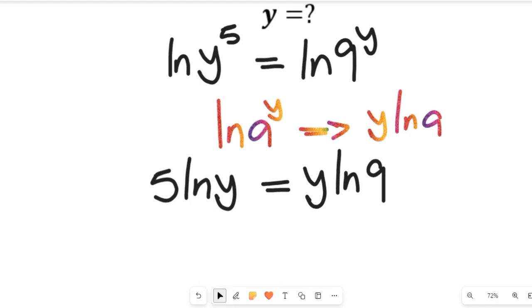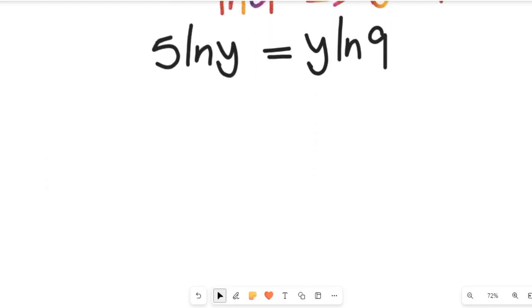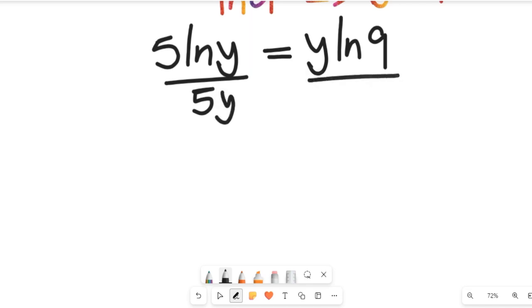Great. Now, having gotten to this point, the main thing we need to think of is how we can reduce this further. To do that, I want to divide both sides by 5y. The reason for doing that is so as to clear 5 from the left side and clear y from the right hand side.